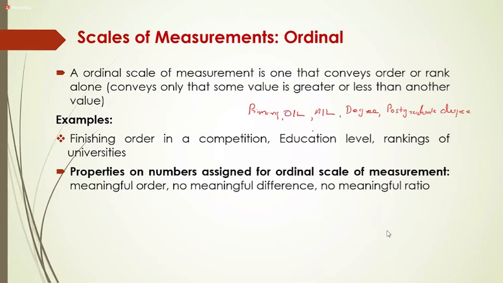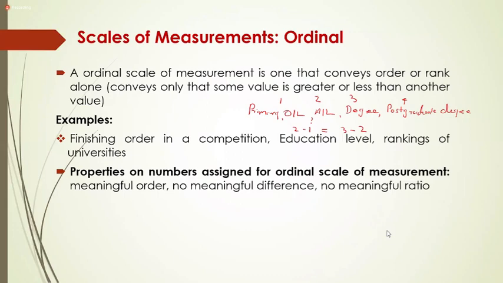These measurements we can compare. But can we say that the difference, now we are labeling, this is 1, it is 2, this is 3, this is 4. Can we say that 2 minus 1 equals 3 minus 2? Can we say that the difference between A level minus primary is equal to the difference between degree minus A level?